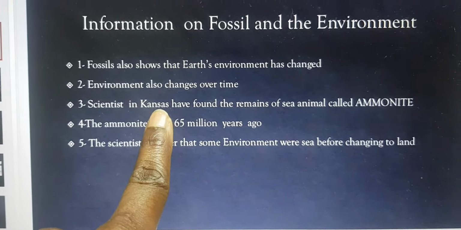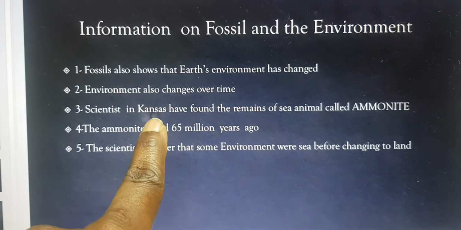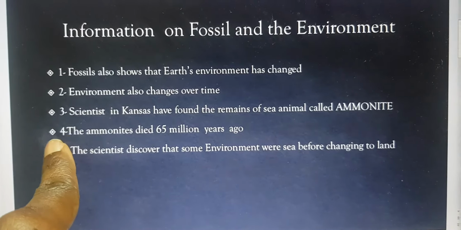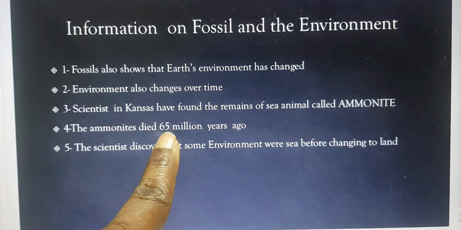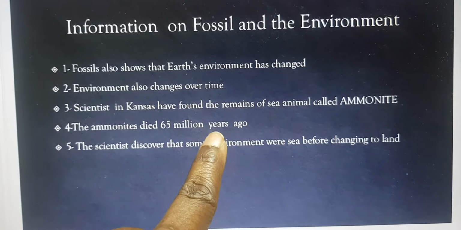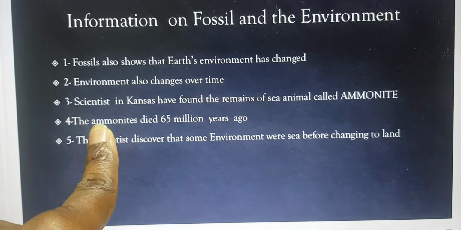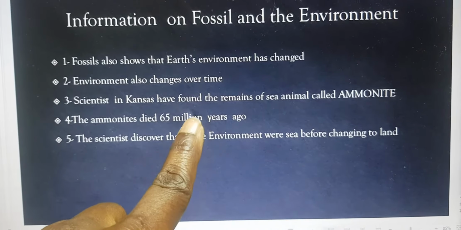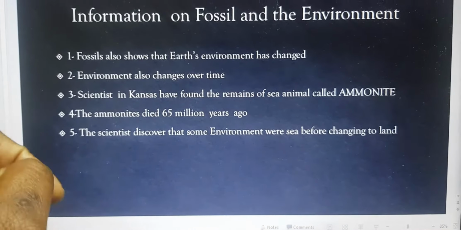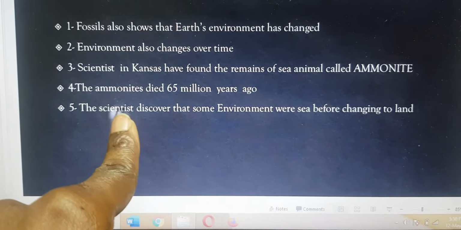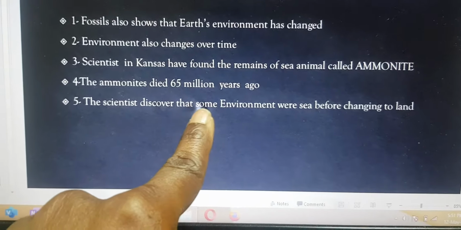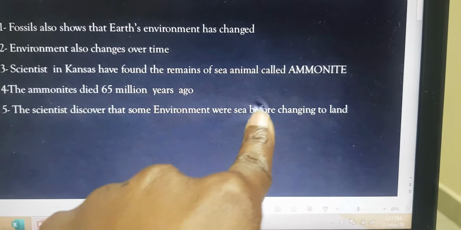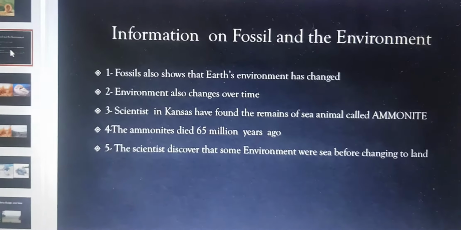Kansas. Okay, this ammonite died 65 million years ago. So the paleontologist, the scientist, discovered an environment that was sea before changing to land.